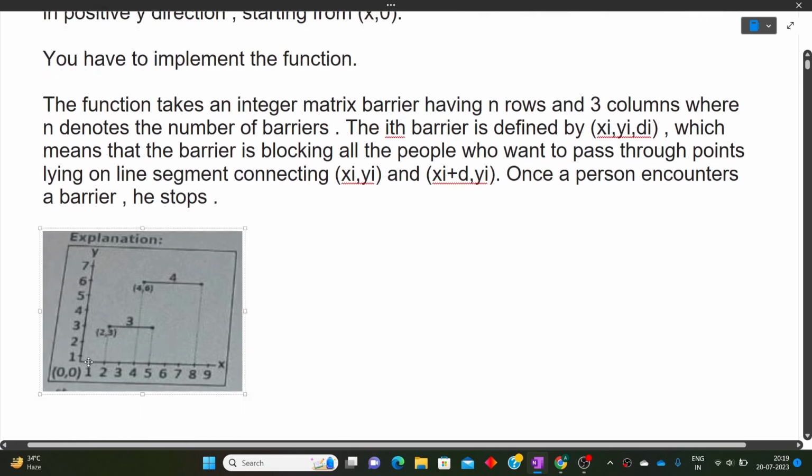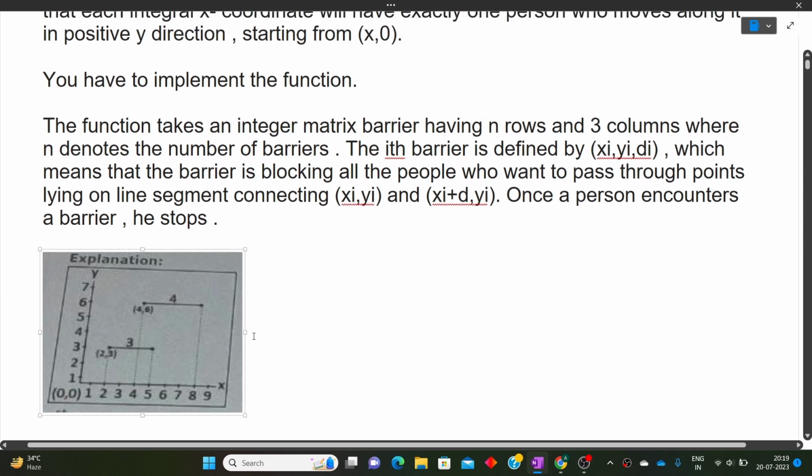So every person will start from these points. First one will start from 1, then from 2, then from 3. Each person will start from these points towards the y-axis. If a person is standing here at 1, he will start moving towards the positive y-axis, that is upwards. And this will happen at each and every point of this x-axis. Till now it's clear, I hope.